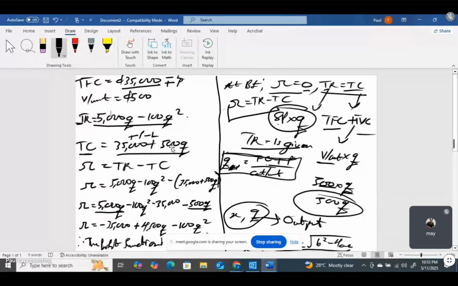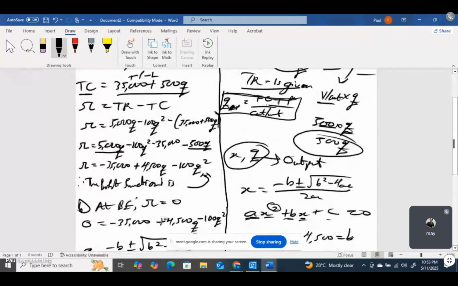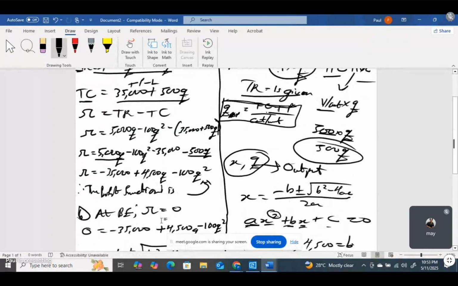35,000 plus 500Q. Please, from here, if you don't understand anything, it means you don't understand your indices, your integers, the negative and positive things.